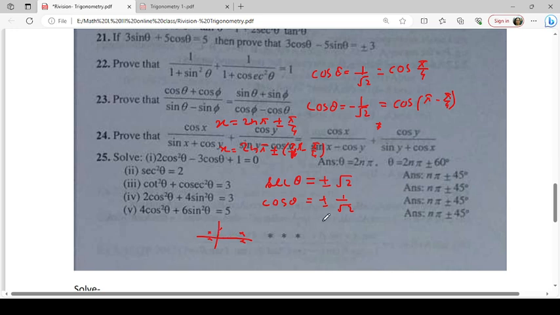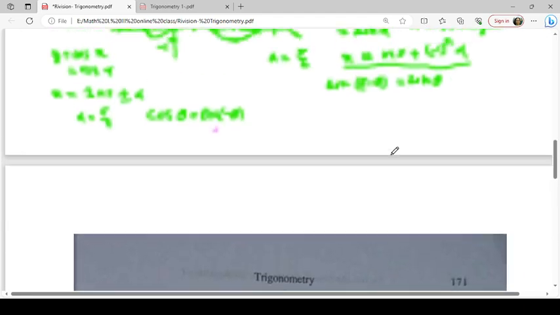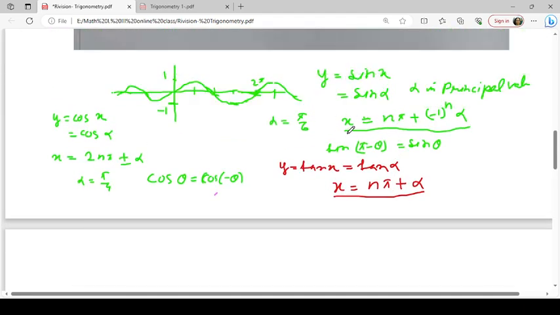So for both even and odd we can write n pi plus minus 45 degrees, or pi by 4. So this is the way to solve these equations; we only need to know the formula. These are the formulas: cos theta equals cos alpha gives theta equal to twice n pi plus minus alpha.